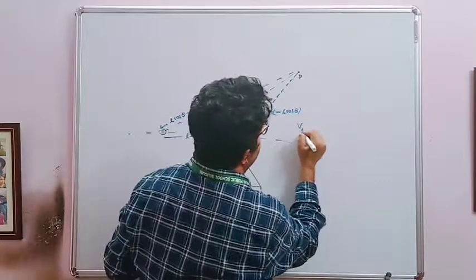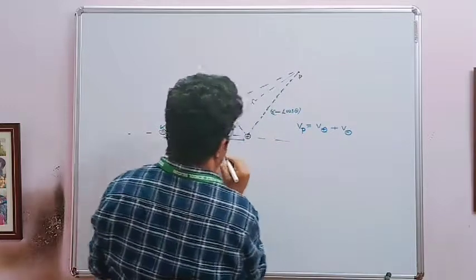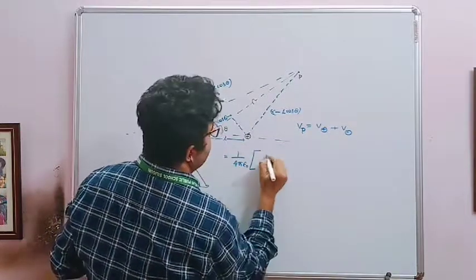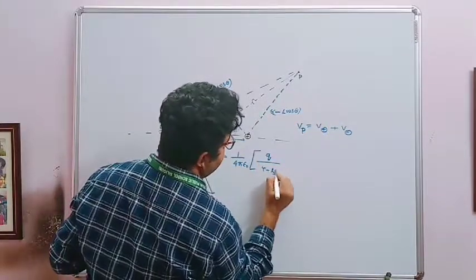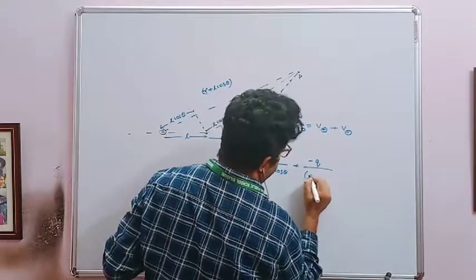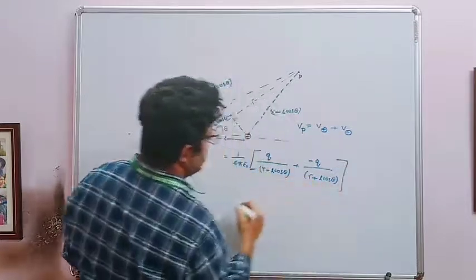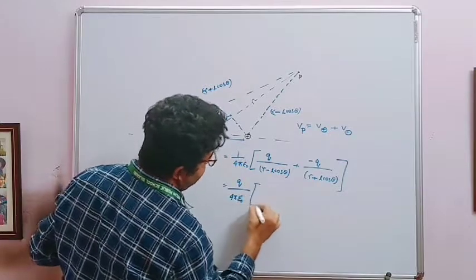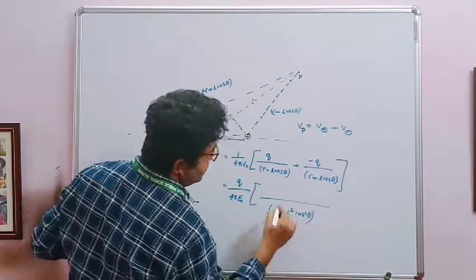Now the electric potential at point P is the potential due to the plus charge plus the potential due to the minus charge, that is 1 by 4 pi epsilon naught, which is common, times plus q by the distance R minus L cos theta, plus minus q by R plus L cos theta. So you have q by 4 pi epsilon naught times (R plus L cos theta minus R plus L cos theta) by (R square minus L square cos square theta).